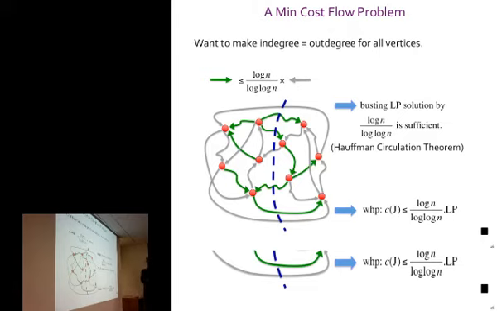Right, so what we're actually going to do is put a lower bound of 1 on the green edges and an upper bound of LP times log n over log log n on the gray edges. What this theorem says is that if the upper bound on the edges coming into the cut is more than the lower bound of the edges going outside of the cut, this is sufficient to get a feasible flow.